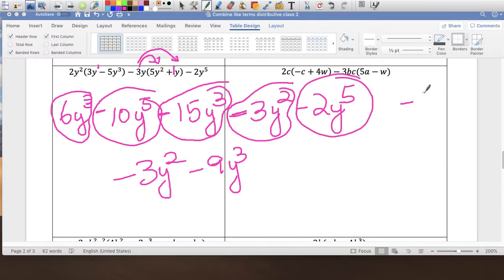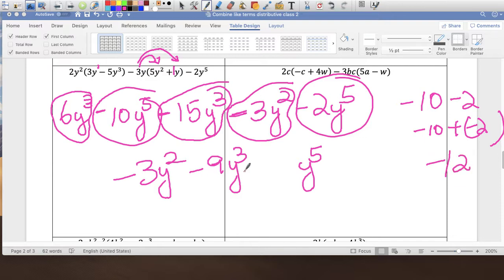So let me ignore the variables and just write negative 10 minus 2, right? Because I know it's going to be something y to the fifth power. So negative 10 minus 2 is negative 10 plus negative 2. Both negatives, so that gives me negative 12.